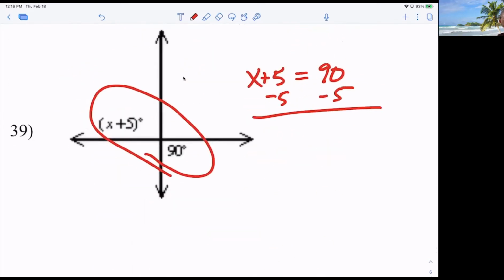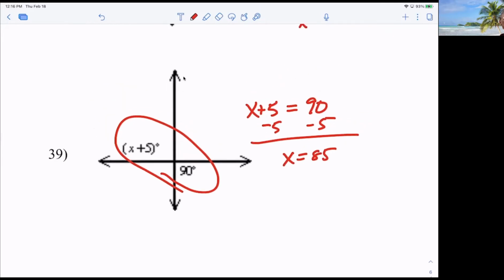So what does x equal? Yes, x equals 85. You can do 1x. 85 divided by 1 is still 85, right? You good or not? Okay.